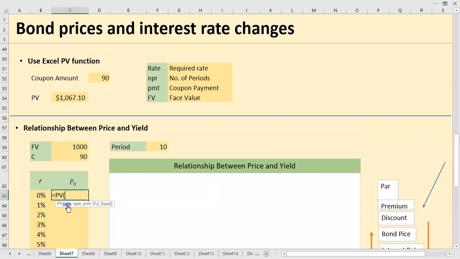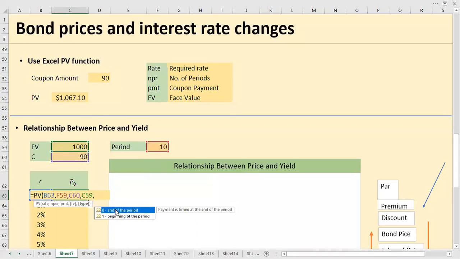Rate is representing the required rate of return. I'm going to select this 0. Then we have number of periods, that is 10 years. Then we have payment, that is 90 rupees per year, and then the face value is 1000 rupees, and the type is at the end of the period. So this is what we are going to get.